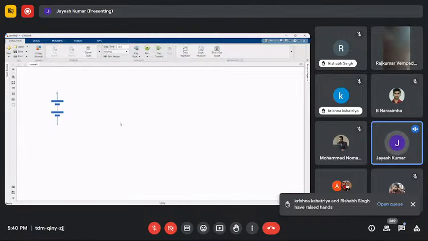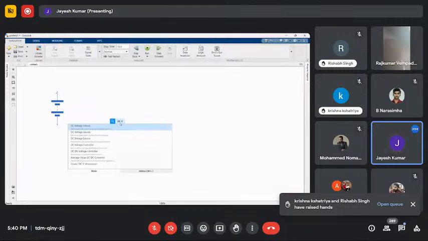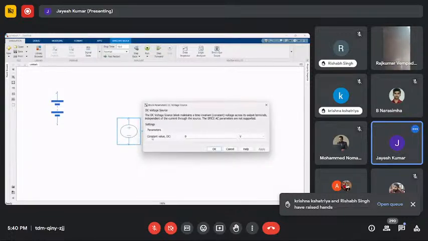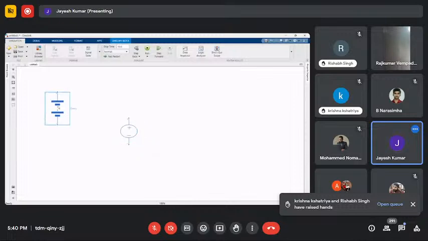Or I can use a DC voltage source. Yes, DC voltage source is also available. So I need a DC voltage output supply for 12 volt.